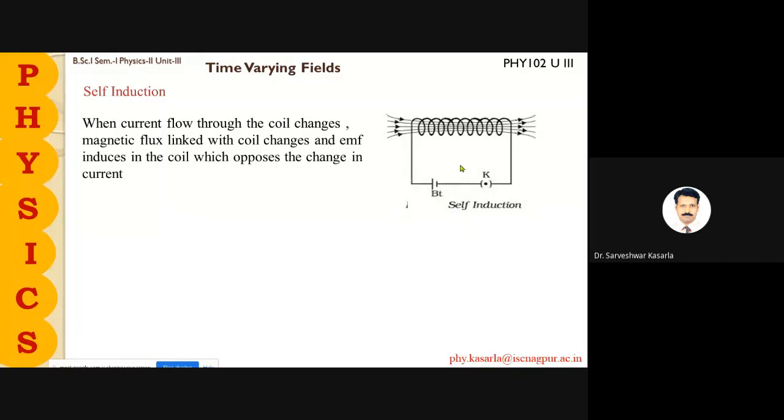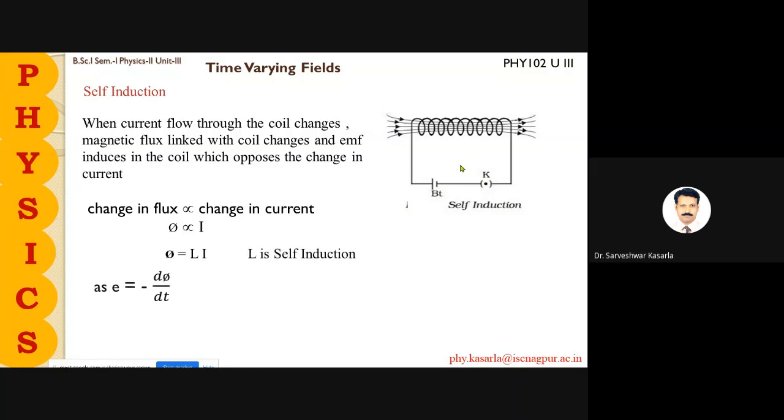This phenomenon is called self-induction. The flux is directly proportional to the current: phi is equal to L into I, where L is a proportionality constant called the self-inductance. E is equal to minus d phi by dt. Therefore, E is equal to minus L di by dt, and L is equal to minus E upon di by dt.